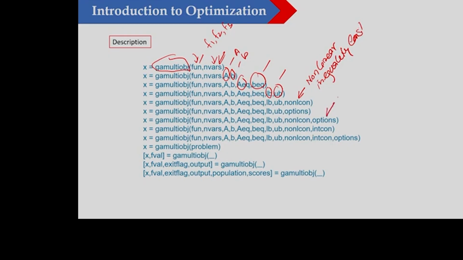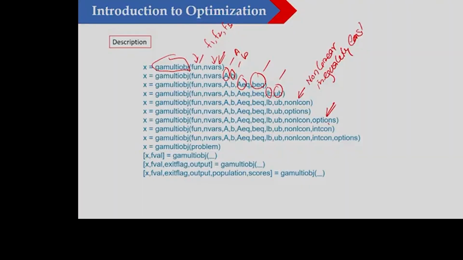And if you have options, you can change the population size, the generations, the crossover probability and the mutation probability. You can also define what type of function you are using for crossover, for mutation, and for selection. That you can define here under options. Then if you have any integer variables, you can also define them here.